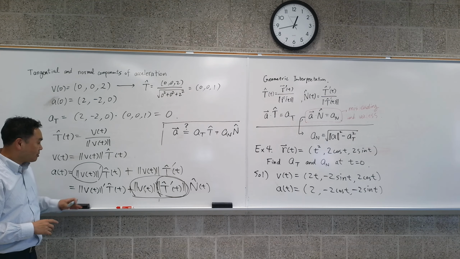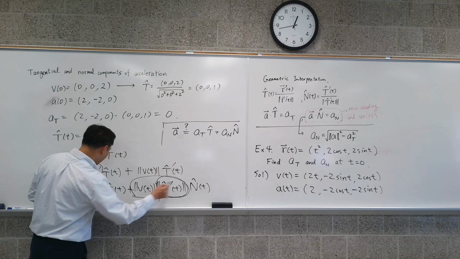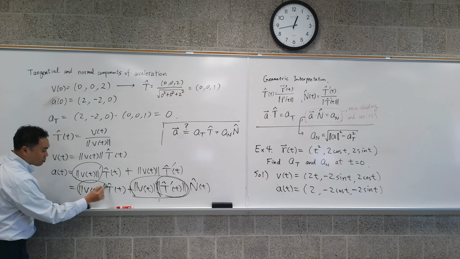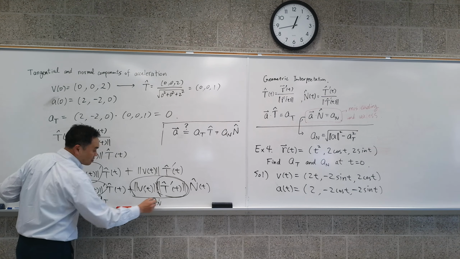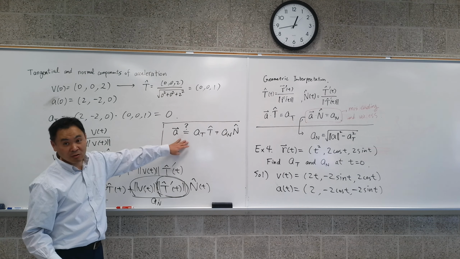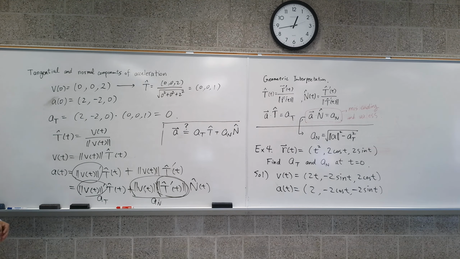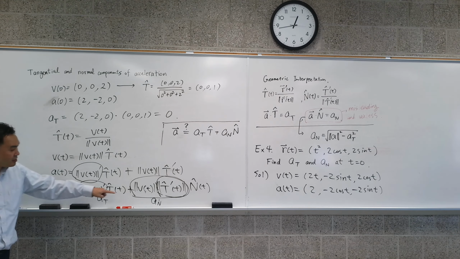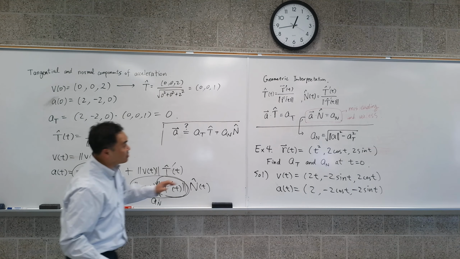Now you have something times t hat and something times n hat equals the acceleration. This portion will be called AT, and this portion will be called AN. Now what was to be proved is proven. You still have to see why this is the same as that, and that's simply taking this one and plugging it into this formula.